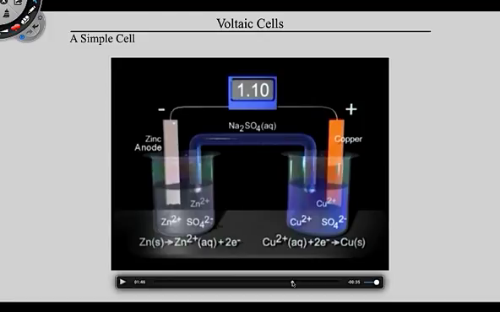In addition to that, you've also got to be able to understand what is going on inside the salt bridge, including why they chose sodium sulfate as the salt in the salt bridge, what a salt bridge is, and what direction the ions in the salt bridge flow. And then you've got to be able to figure out how they came up with the voltage, which in this case is 1.10 volts.